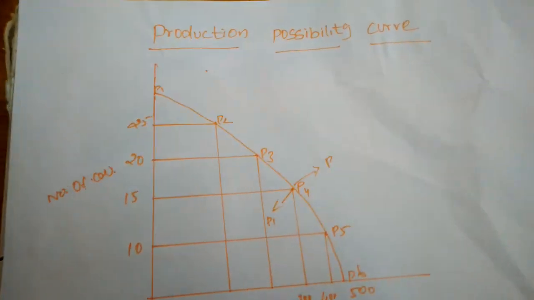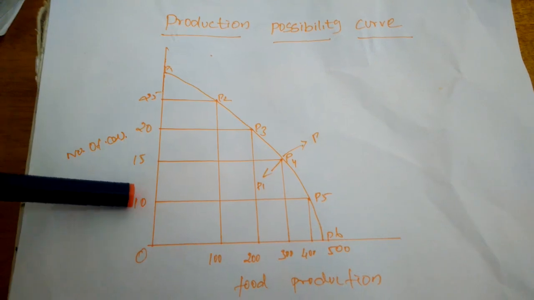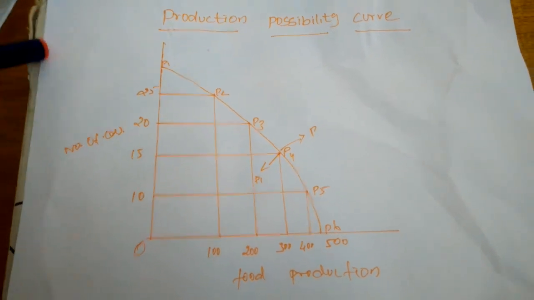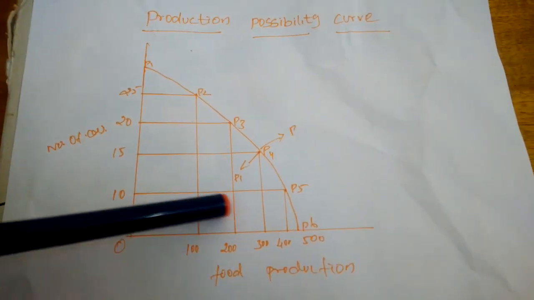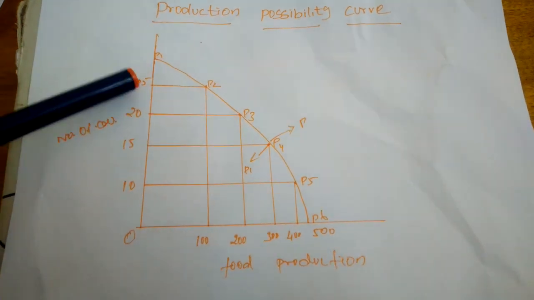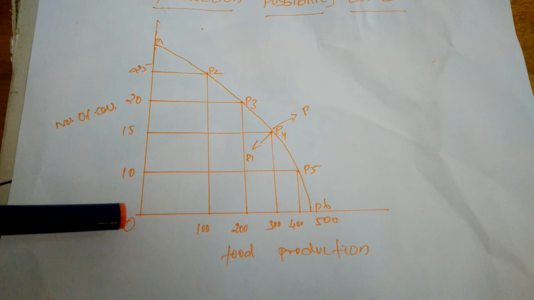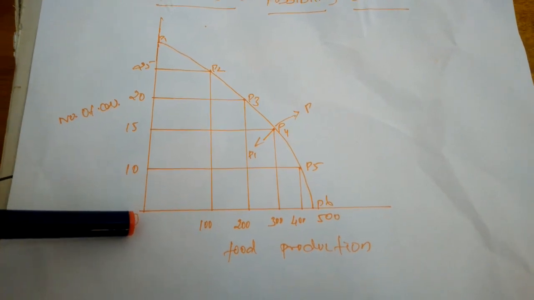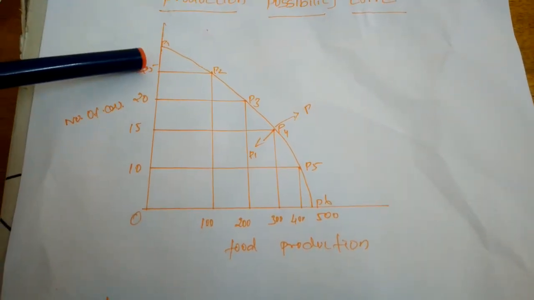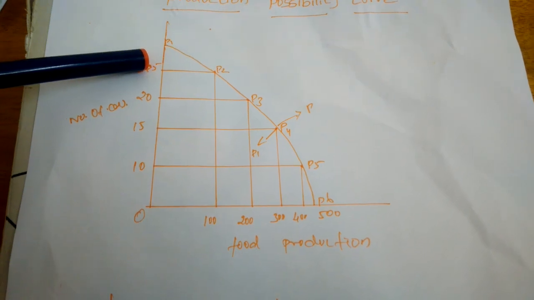Next, we have studied the production possibility curve. By using this production possibility schedule, we can easily draw the production possibility curve. Suppose a nation does not want to produce food; it can produce 25 cars.